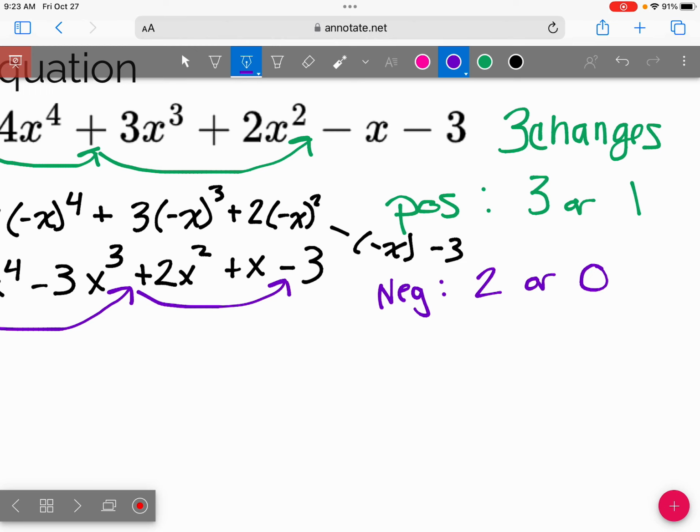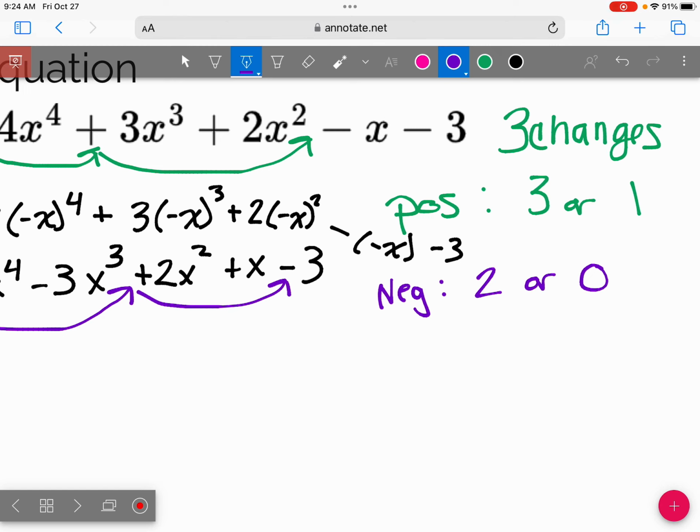But since the minus 4 is not included in the 4th power, that minus sign still hangs around. Since we are substituting the opposite of x just in for the x, this minus sign still is outside. So it's one of those be super careful situations.